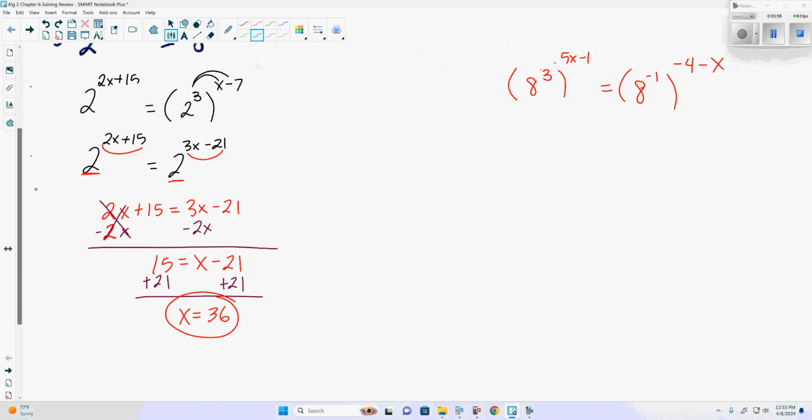Now by doing this, we do get the bases to both be 8, but before we can set the exponents equal to each other, we do need to simplify this a little bit, because our powers of powers multiply. So we'd multiply 5x minus 1 by 3, giving us 15x minus 3. And then we would multiply a negative 4 minus x by negative 1, giving us 4 plus x.